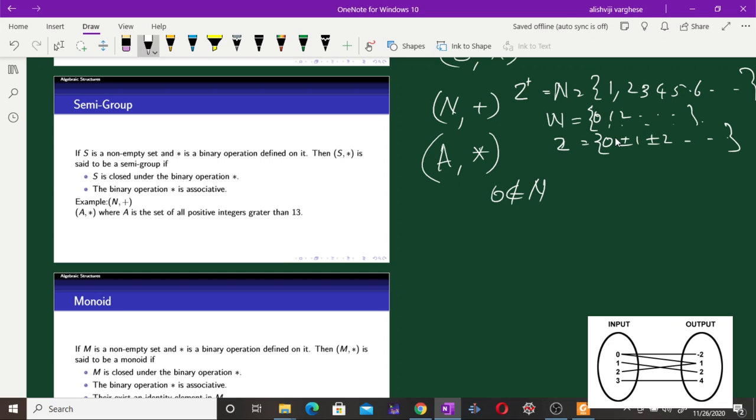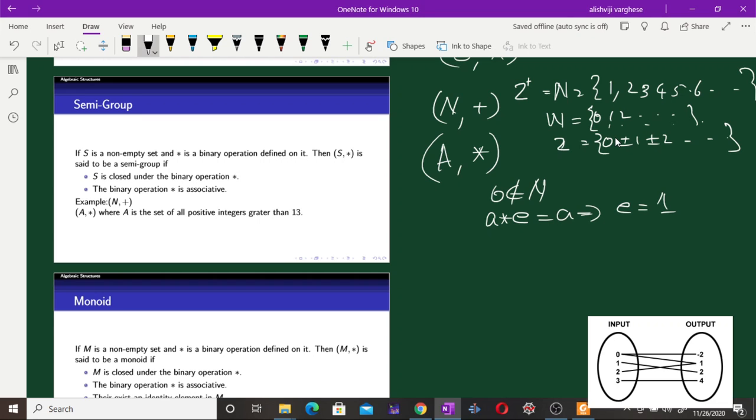And if you consider the set of all integers which are greater than 13, under multiplication it forms a semigroup. But if you are looking for an identity element of multiplication, it is an element e such that a into e is equal to a, which means, since it is multiplication, e is equal to 1.